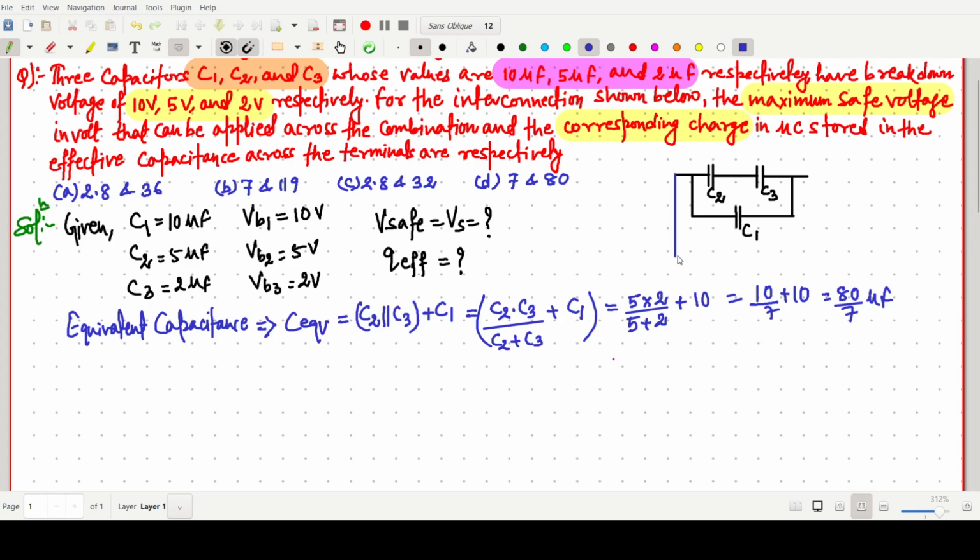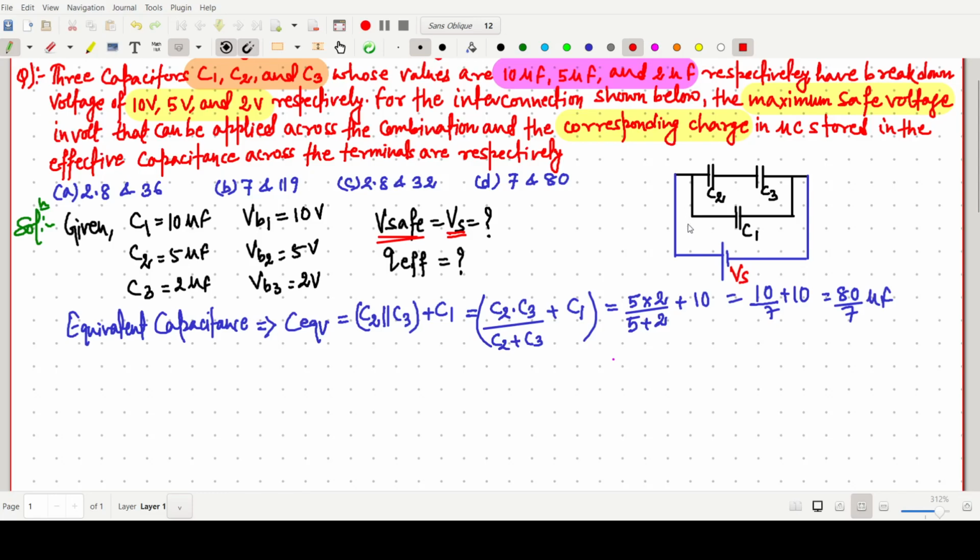Now we have to find the effective safe voltage. For this purpose, we are putting a battery here, and we call this voltage V safe, or simply Vs. So if we put a battery, there will be some voltage.